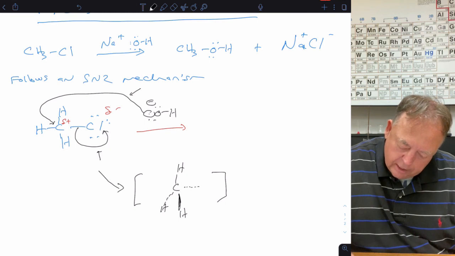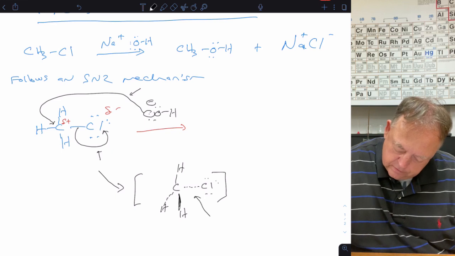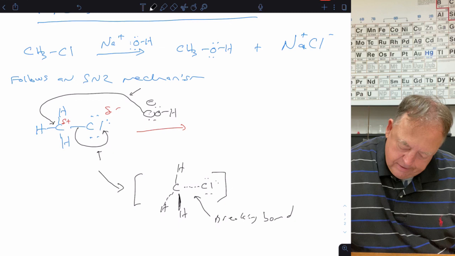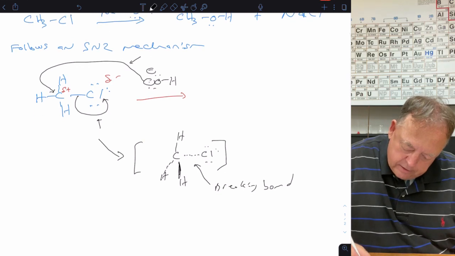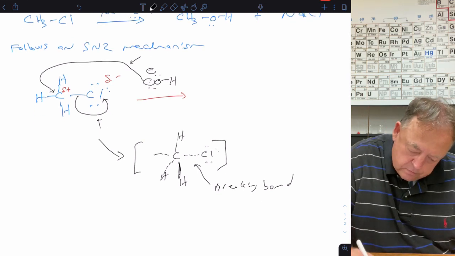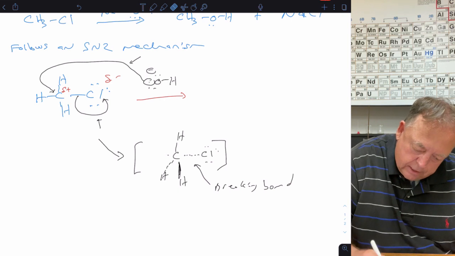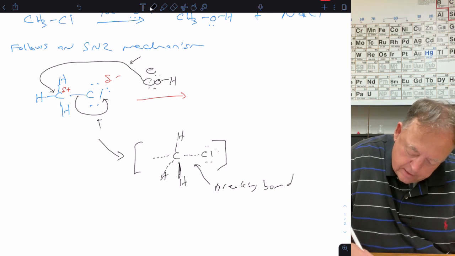So we use a dotted line to illustrate the bond that's breaking. And then we'll use a dotted line to illustrate the bond that's making.